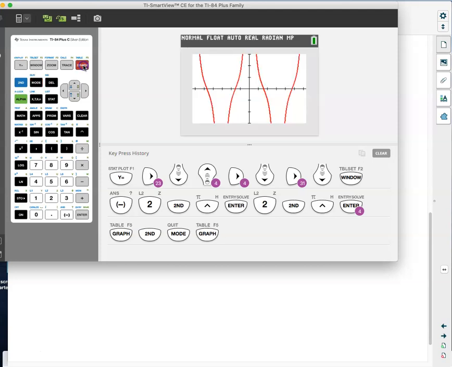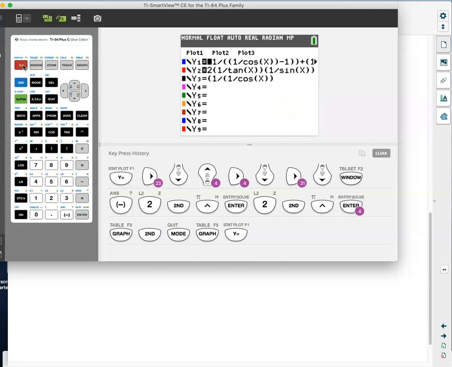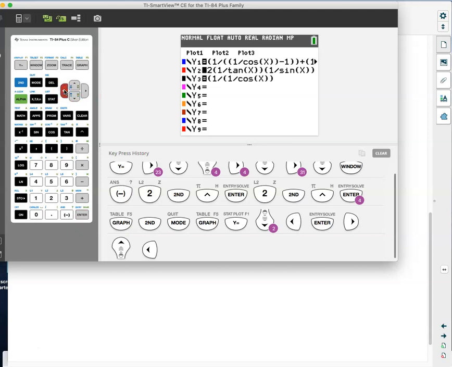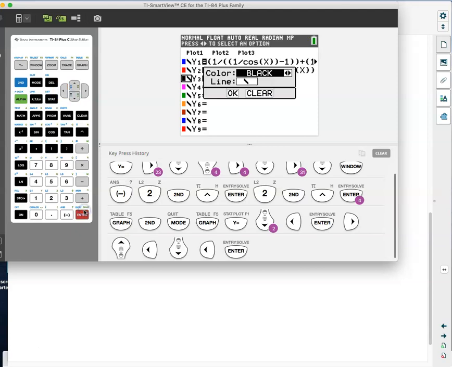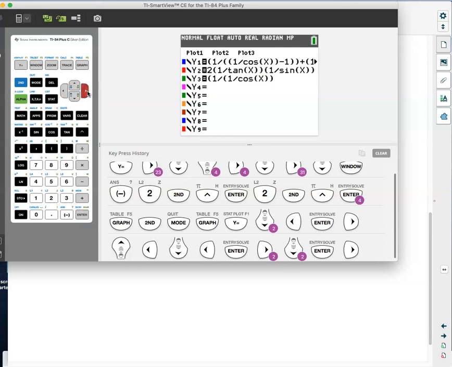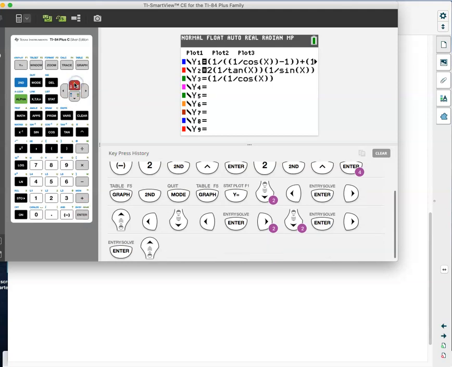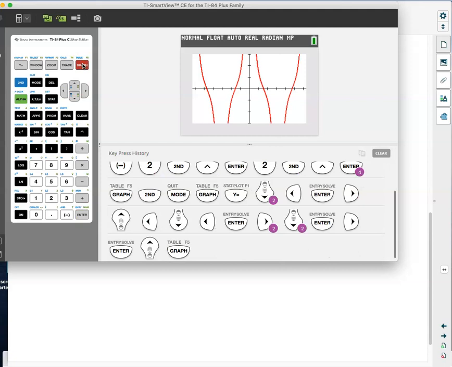Oh, I want you to see the original. How about if I change this? Maybe it'll start over and graph again. No, maybe it'll graph it. Shoot.